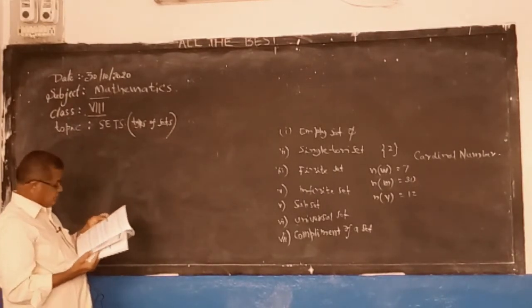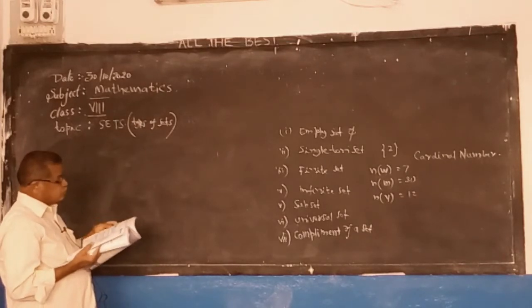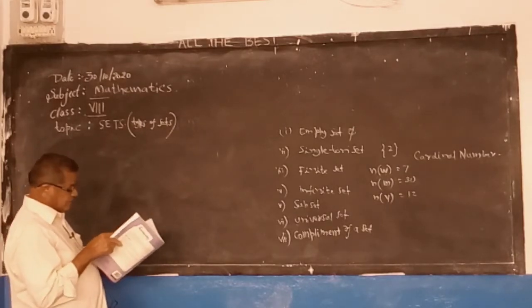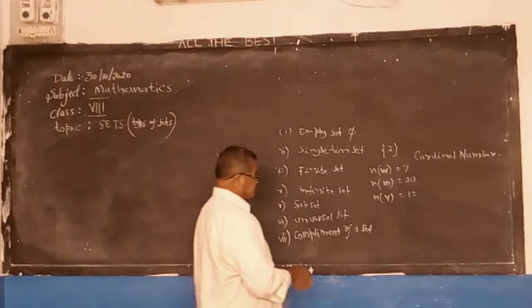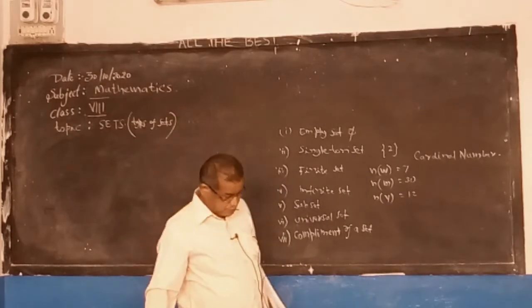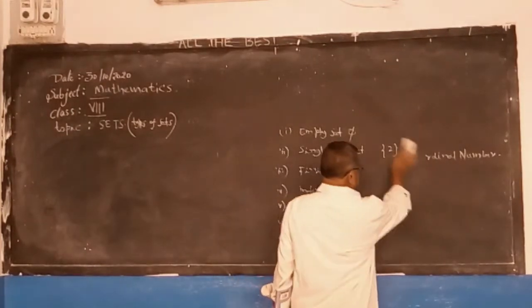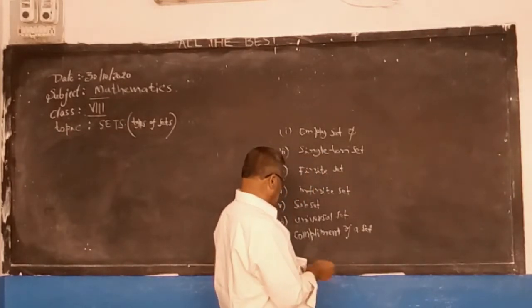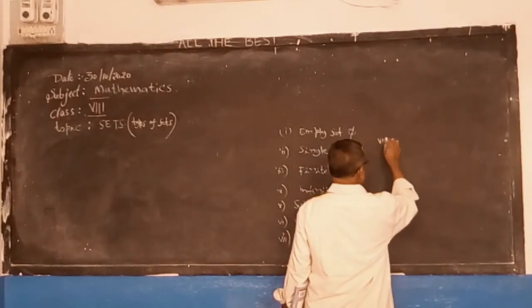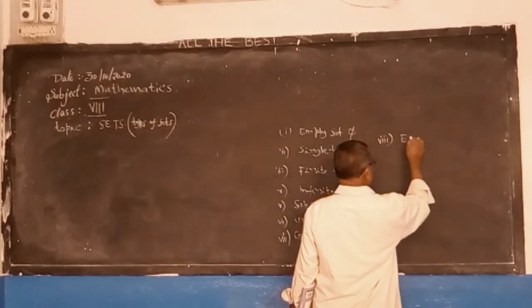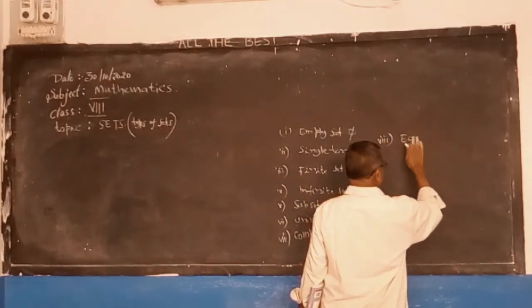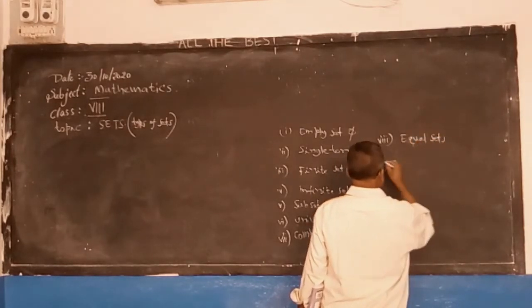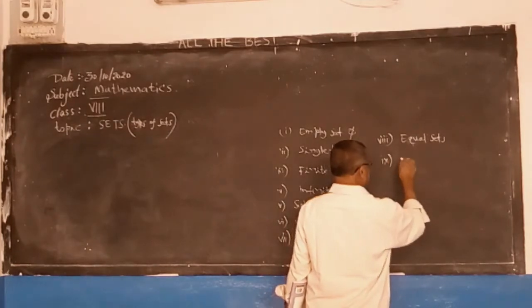Four we defined. Now these also: equal sets, equivalent sets. Seven, eight, equal sets, and nine, equivalent sets.